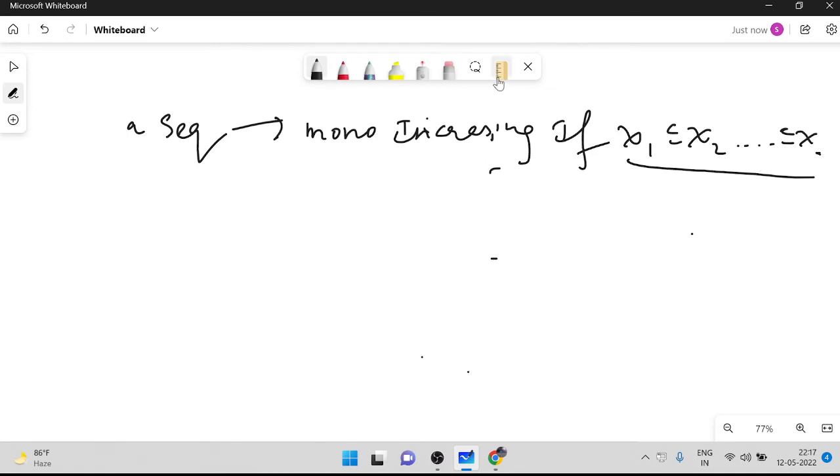Now, why do we need these sequences? If a sequence has this monotonic property, concluding about its convergence is easy. So monotonic sequences have a good convergence property.